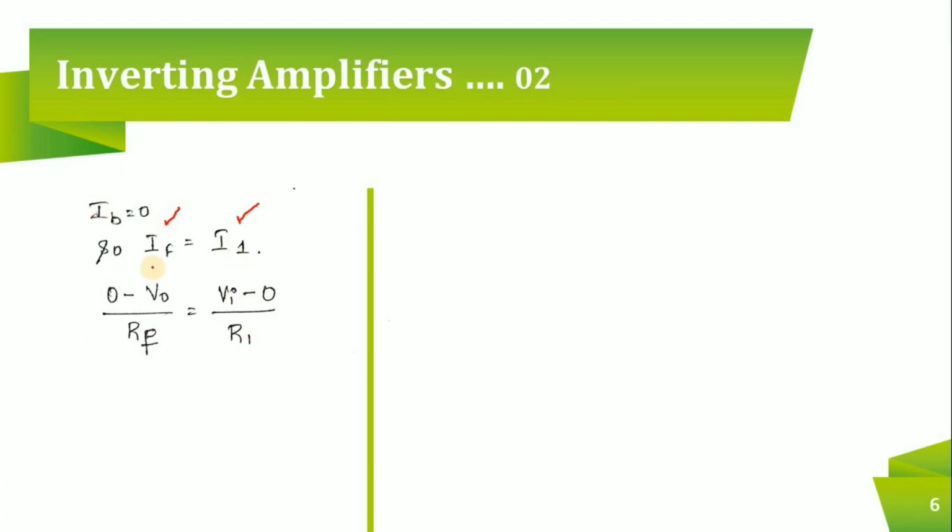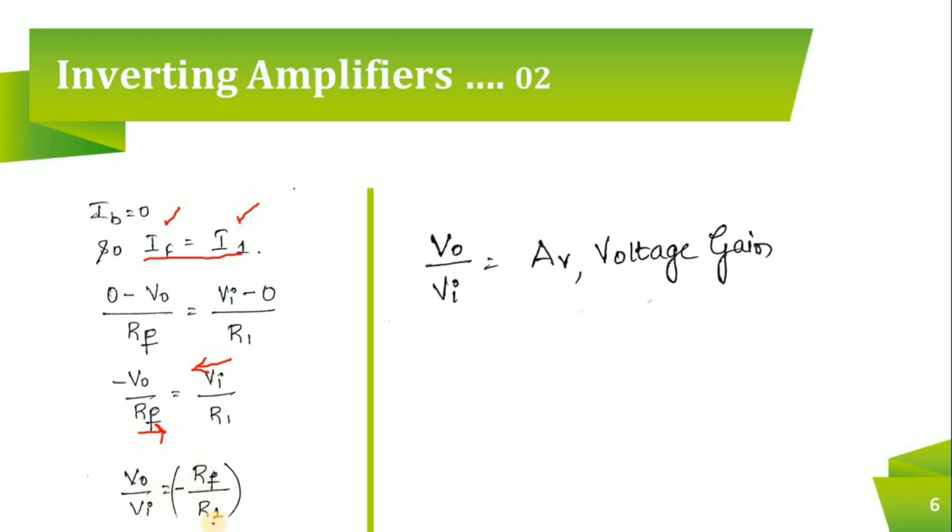Since IB equals 0, these two currents are equal. So I'm simplifying it: minus V0 by RF equals Vin by R1. Here I can move Vin to the left hand side and RF to the right hand side. So I got V0 by Vin is equal to minus RF by R1.